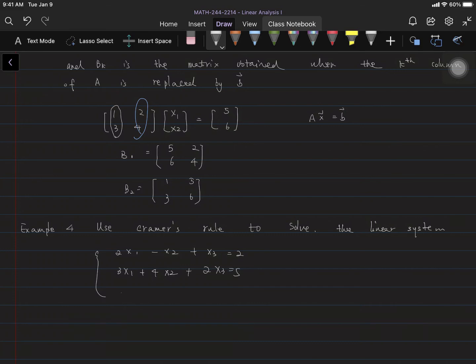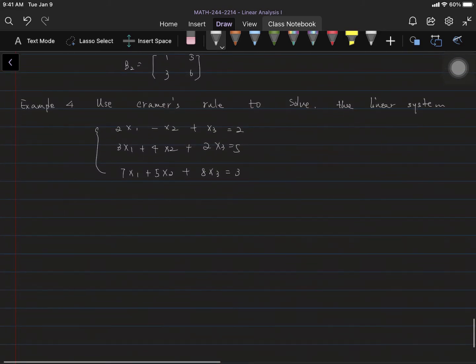That means A is given, B is given. We had this in our second midterm. In the first midterm, we used the Gauss-Jordan method, Gaussian elimination method. We reduce the augmented matrix into row echelon form and use back substitution, right? So here we're going to use Cramer's rule, another method to find the solution.